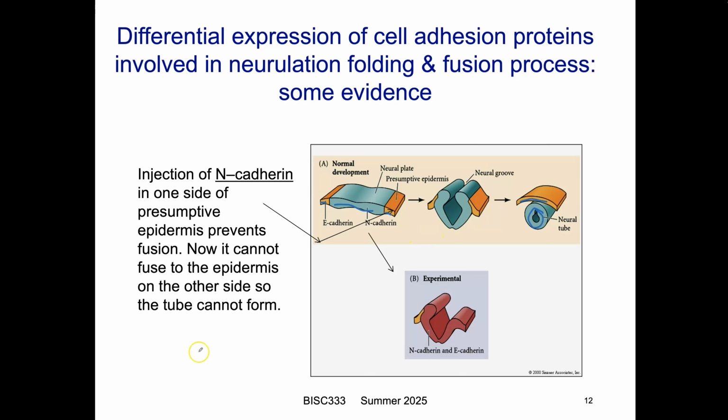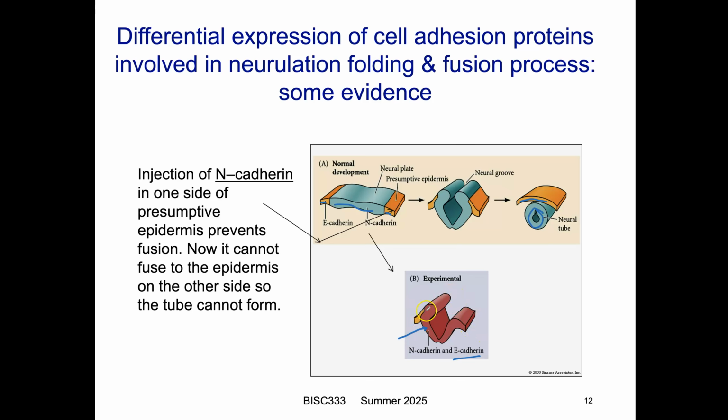Okay, but if you actually do an experiment where you inject into the presumptive neural tissue ECadherin, so that now it's expressing both NCAD and ECAD, you don't get proper closure of the neural tube or of the epidermis.